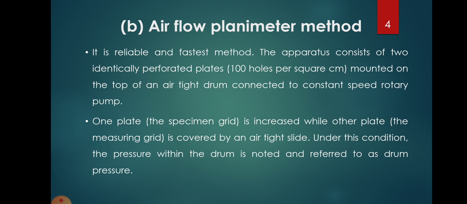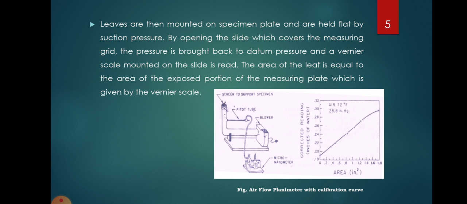Under this condition, the pressure within the drum is noted, and this pressure is referred to as the datum pressure. Leaves are then mounted on the specimen plate and are held flat by suction pressure, which is provided by the air pump. By opening the slide which covers the measuring grid, the pressure is brought back to the datum pressure, and a vernier scale mounted on the slide is read.